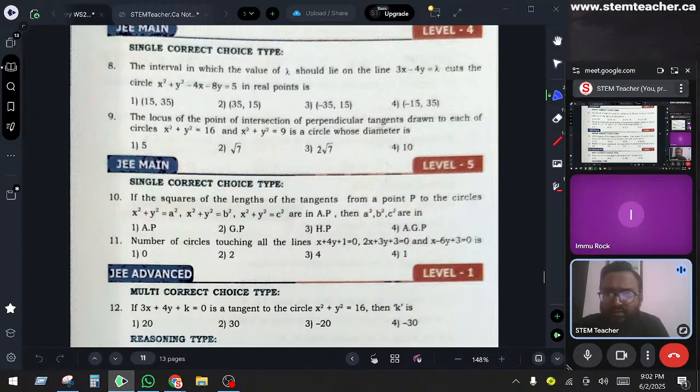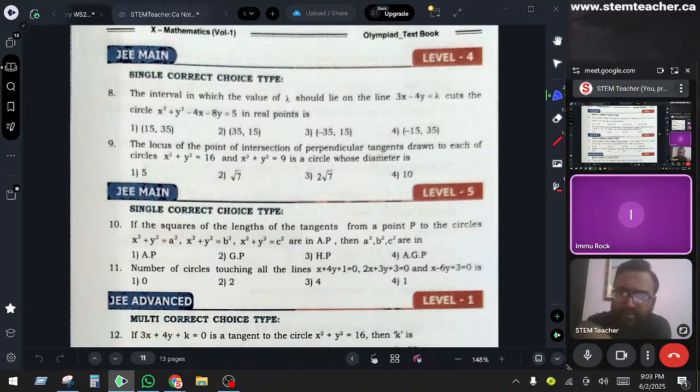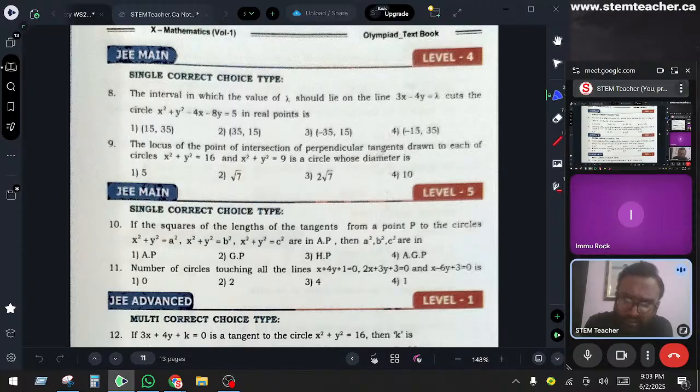The interval, let's have a look into it. The interval in which lambda should lie, the line cuts the circle in real points.